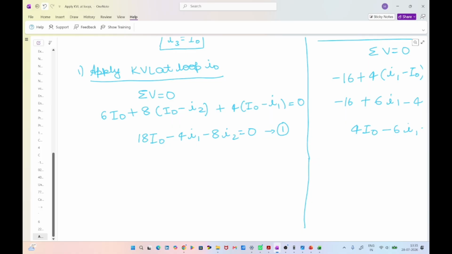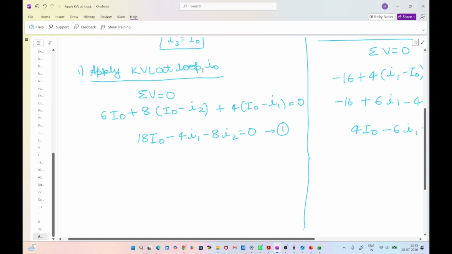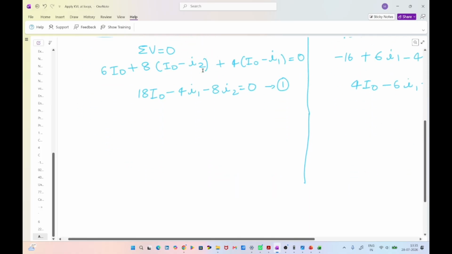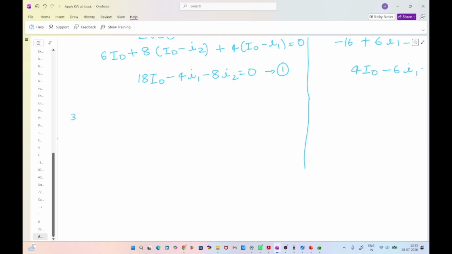Then apply KVL at loop I2. We know that Kirchhoff's voltage law states that the summation of voltages around a closed loop is equal to 0.